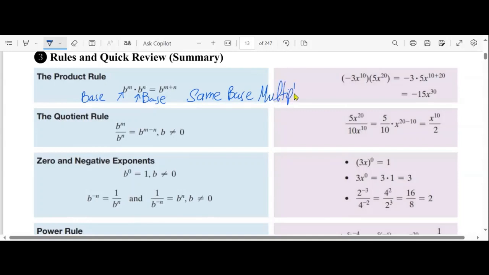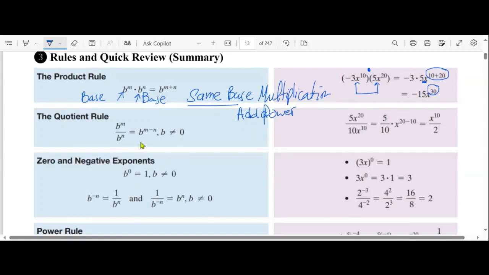If it's same base multiplication, we take the same base and you add what? Add the power. For example, here, is this the same base, x and x? Yes, same base. So you can combine them and you make x. And then since it's multiplication, we add the power.